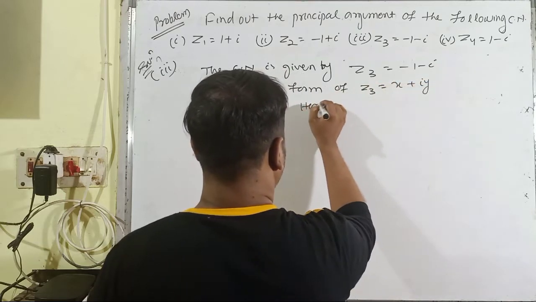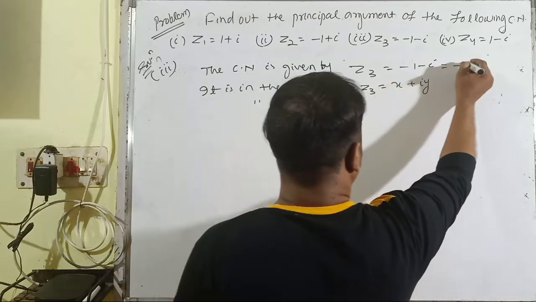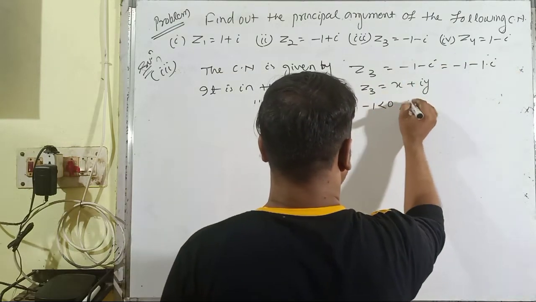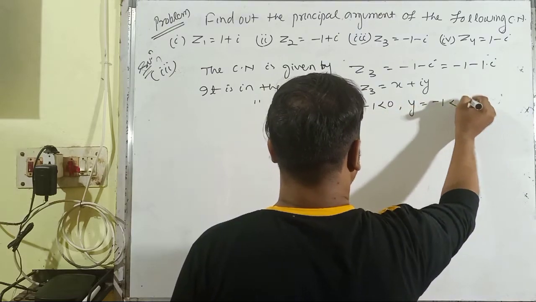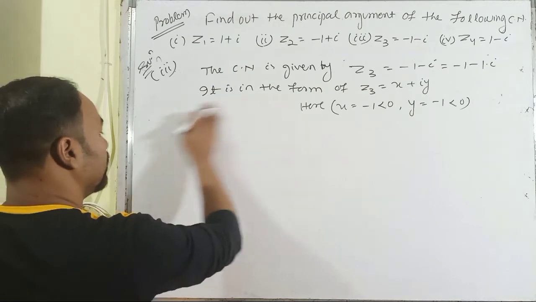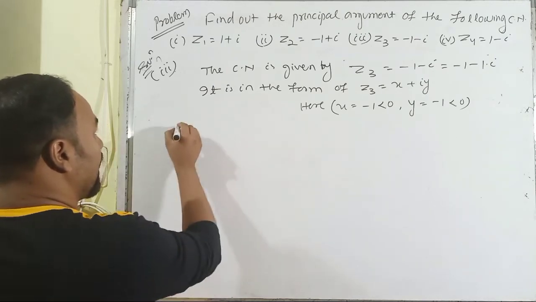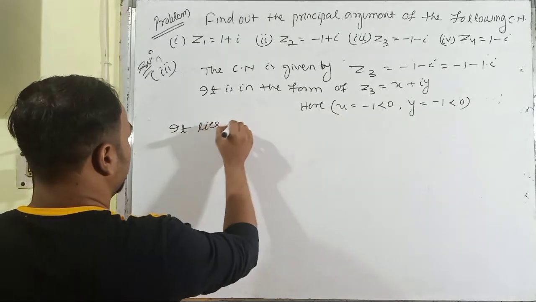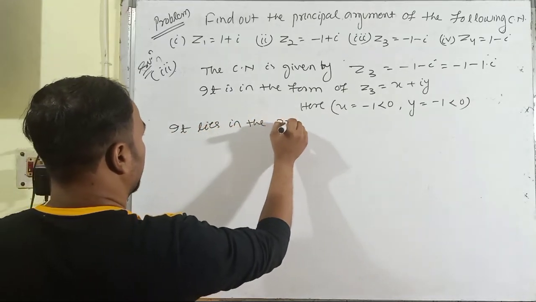Here x is equal to -1, less than 0, y is equal to -1, less than 0. It lies in the third quadrant.